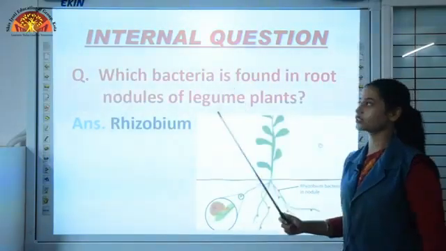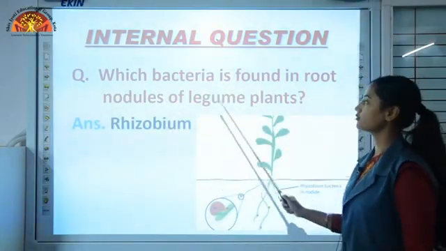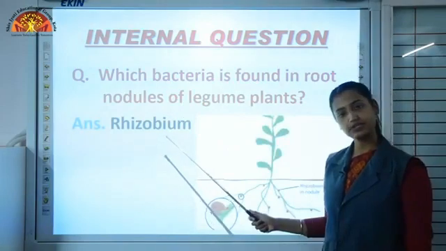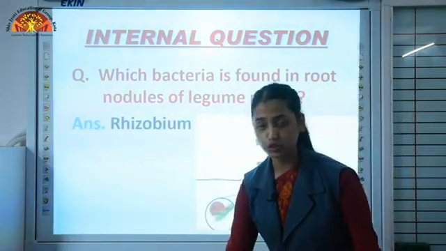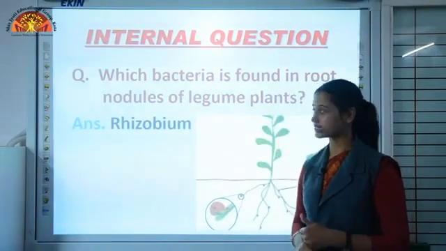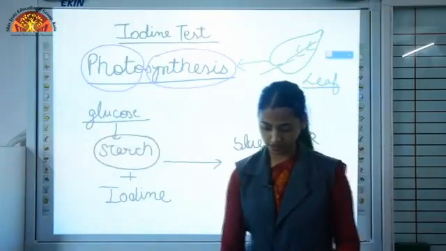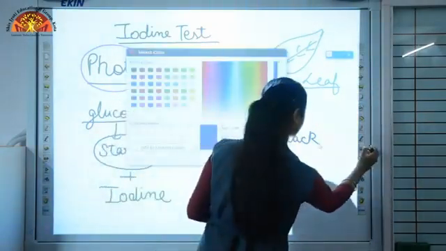Another internal question. Which bacteria is found in root nodules of legume plants? Look, this is another example of symbiosis where we can see the relationship of two organisms in which both are getting benefits. Move to this page. Now what actually happens?